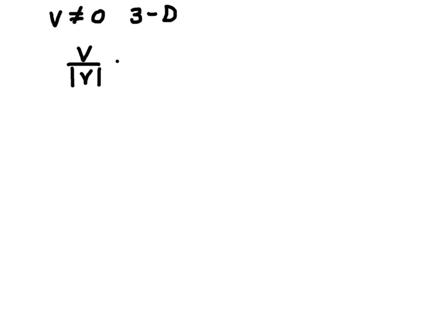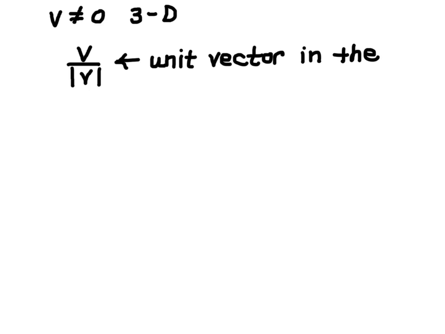This is a unit vector in the direction of v. It's a vector that has a magnitude of 1 unit. It's a unit vector in the direction of vector v.